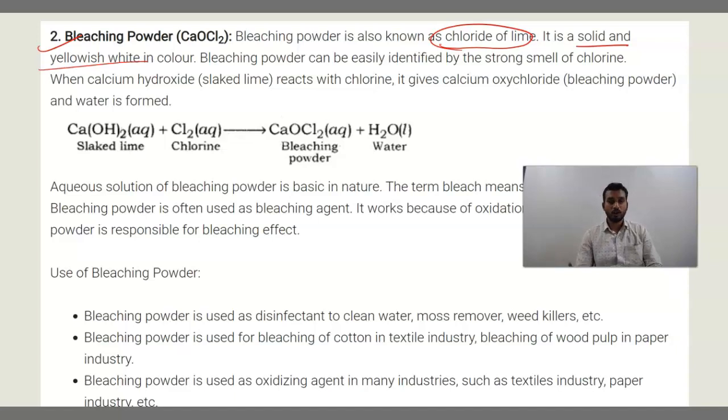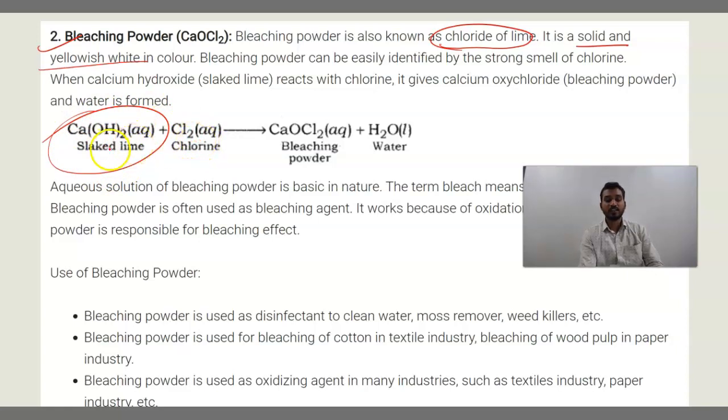How is it obtained? How does the manufacture happen? When calcium hydroxide, that is called slaked lime, reacts with chlorine, we have discussed this already in the chemical properties, and it is present in your textbook. Calcium hydroxide, the aqueous solution, plus chlorine.